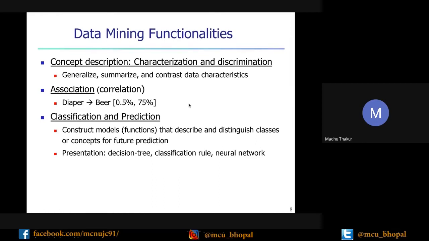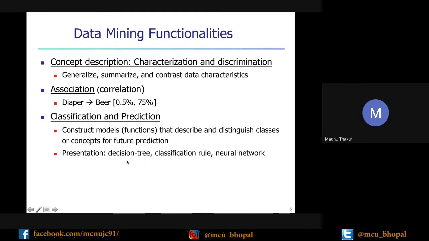Then classification and prediction. Generally classification is used on categorical data, and prediction is done on continuous or numerical data. In the classification case, you know the class label. According to the class label, you can construct the model for finding the label of unknown objects. That is classification.